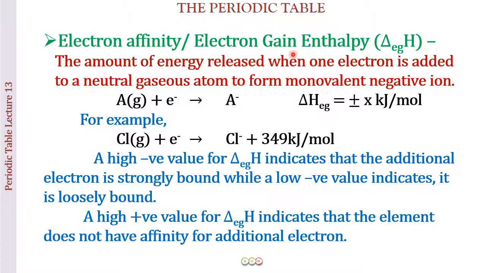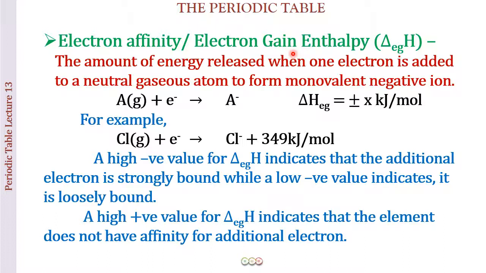Both of these terms are used frequently and interchangeably, but there is a slight difference in their meanings, which we will be discussing further in the lecture. But we will first see the definition of electron gain enthalpy, because this is the term that is recommended by the IUPAC these days.